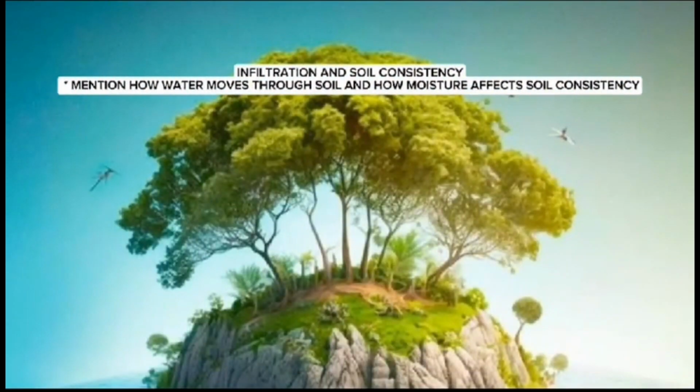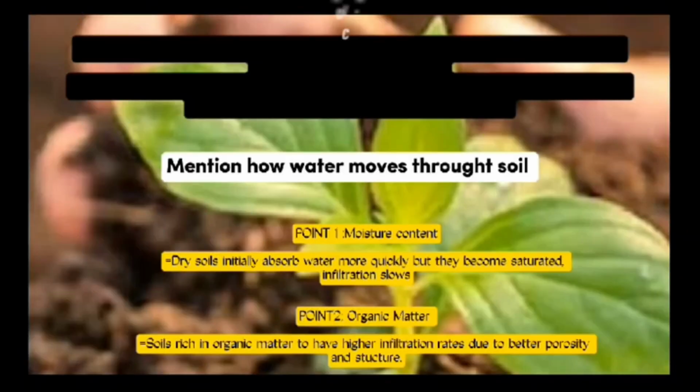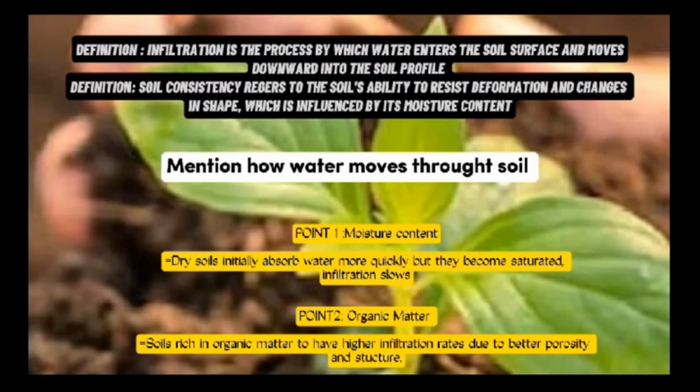Now let's talk about infiltration and soil consistency. It covers how water moves through soil and how moisture affects soil consistency. Number 1, moisture content. Dry soil initially absorbs water more quickly, but as it becomes saturated, infiltration slows. Number 2, organic matter.